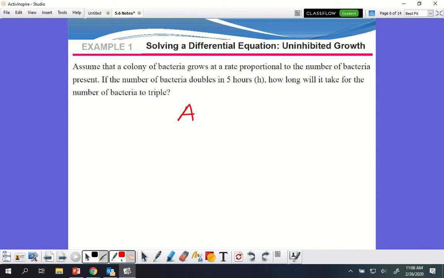So I'm looking for it to be 3A. I'm looking for 3A, right? Okay. And my rate is doing what? Growing. It's doubling, isn't it?